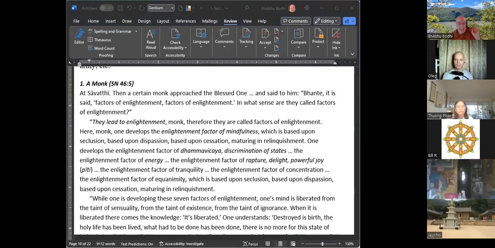But I see a distinction between the stages of the path presented in the sutta on the elephant's footprint and the stages in the 7 factors of enlightenment. The path, as described in the sutta on the elephant's footprint, consists for the most part of stages of practice.